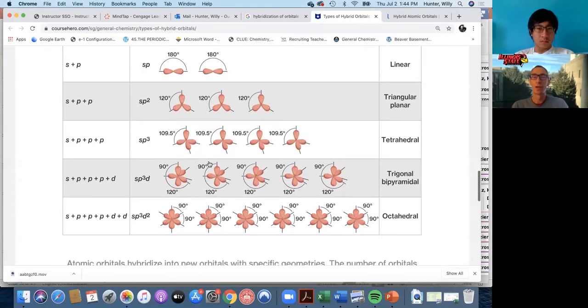Okay. If we look at this middle row here in this graph, there are 4 orbitals made from hybridizing, which is another way of saying combining, 3 different p orbitals and 1 s orbital.